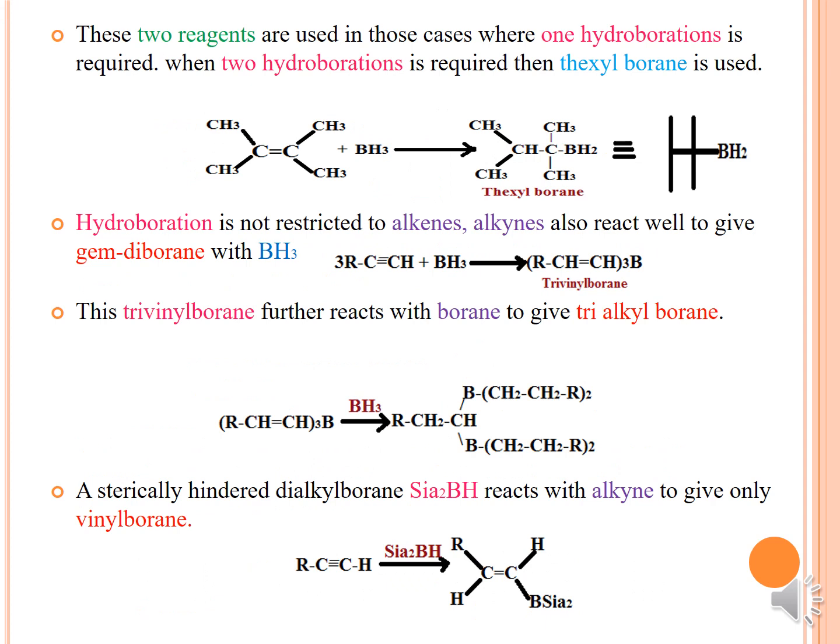Alright, so here if we are taking the two reagents, they are nothing but Sia2BH, that is disiamylborane, remember that reagent, and 9-BBN which I have shown you in the previous slide. Both the reagents are used wherein only one hydroboration reaction takes place.